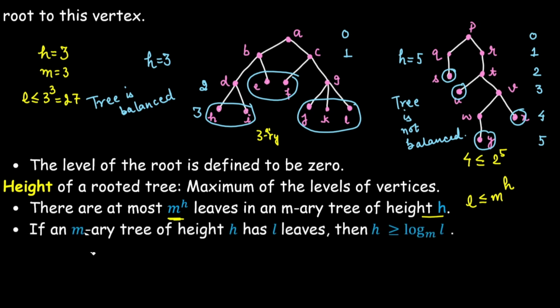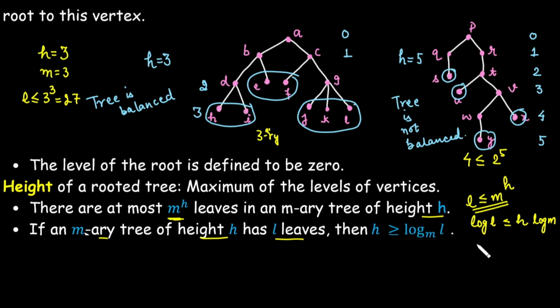Another result we have: if we have an m-ary tree with height h and L leaves, the height is always greater than or equal to log of L with base m. We can derive this result from the previous one. We just need to find the value of h. How can we evaluate that? Take the log on both sides. We get log L less than or equal to h times log of m.